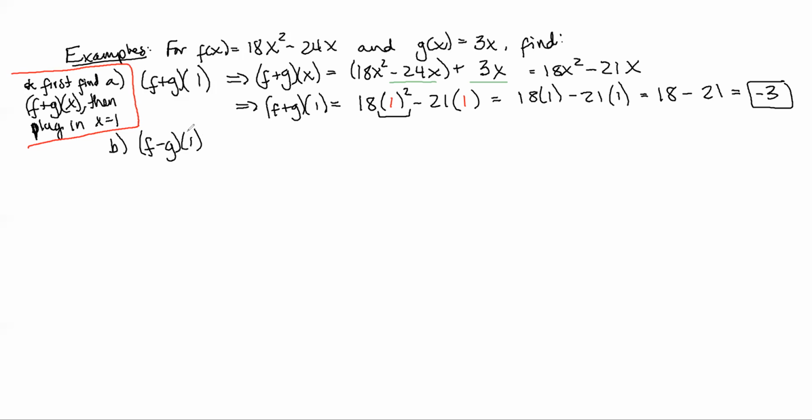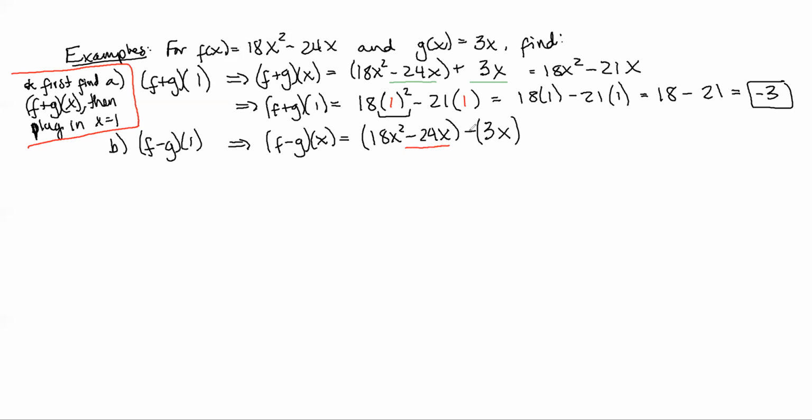Okay, let's go ahead and do the same thing with this one here. First thing we're gonna do is find f minus g of x. So if we do that, we're gonna have f, which is 18x squared minus 24x, minus our g of x, which is 3x. Again, you can put parentheses, you don't have to. Now let's go ahead and combine our like terms here.